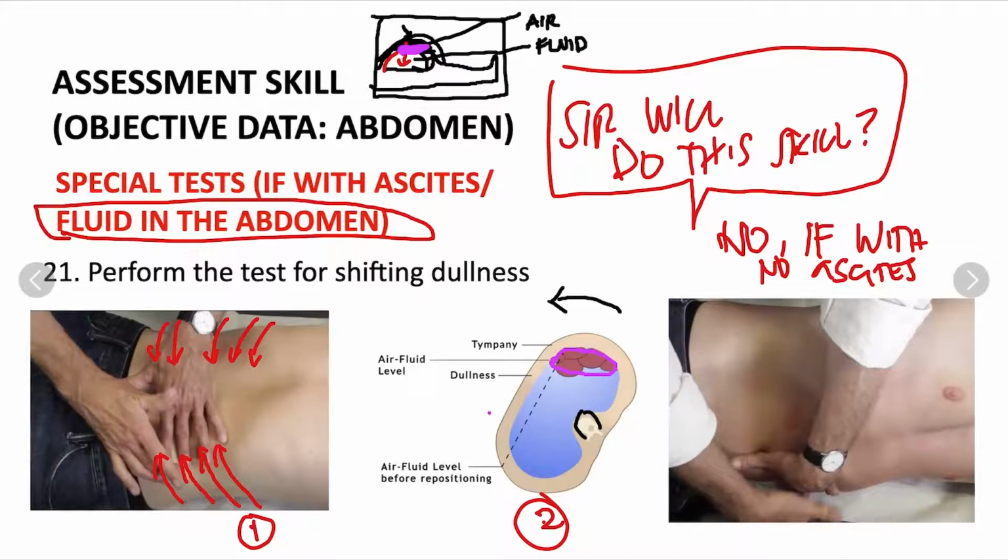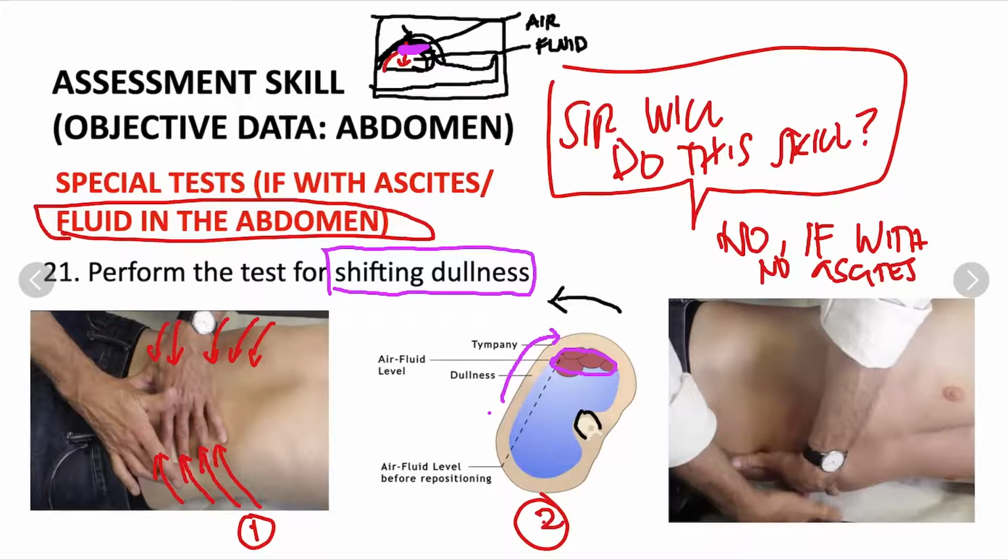So the fluid from the center of the abdomen while lying flat would go to the right side of the patient. The dullness would be changing. So the shift there is called shift in dullness. The area where the dullness is present would change. Therefore, this proves that while doing position change, the dullness shifts from one side to another.